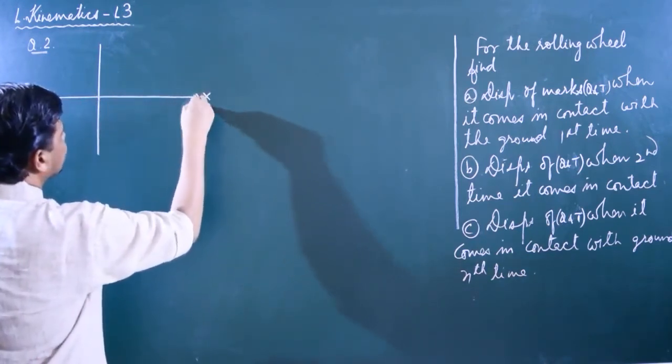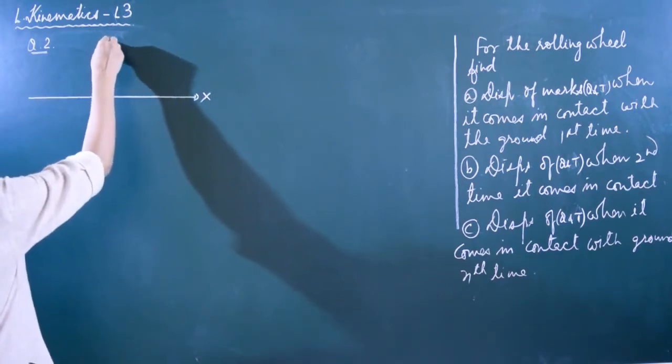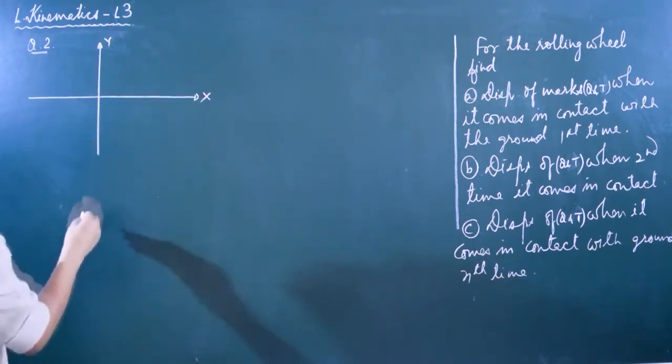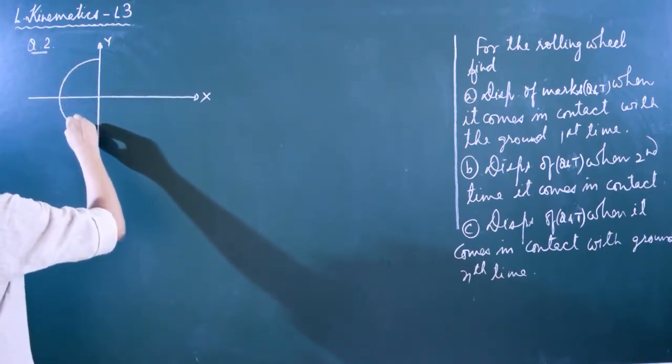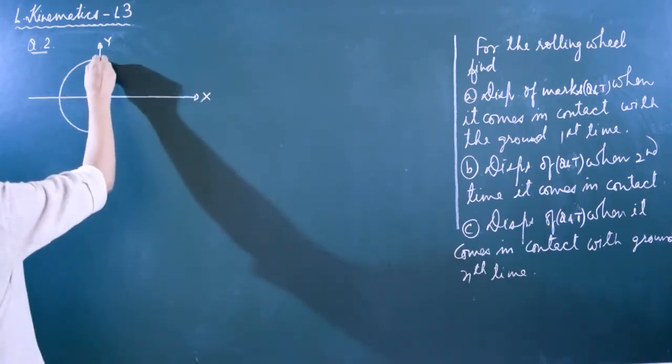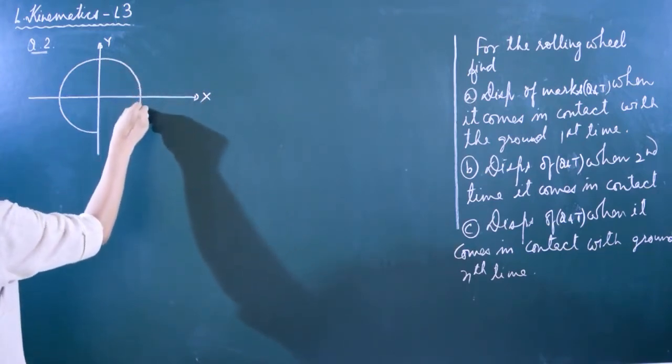Within the xy coordinate system, this is the origin. We have a circular ring of radius r.